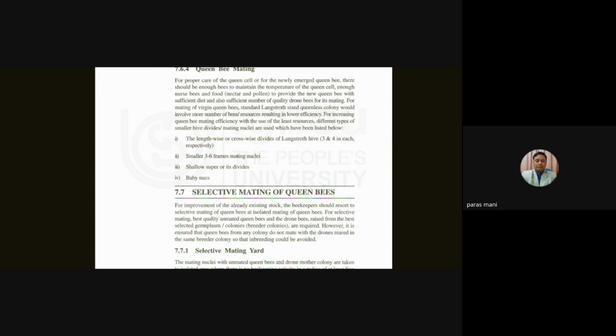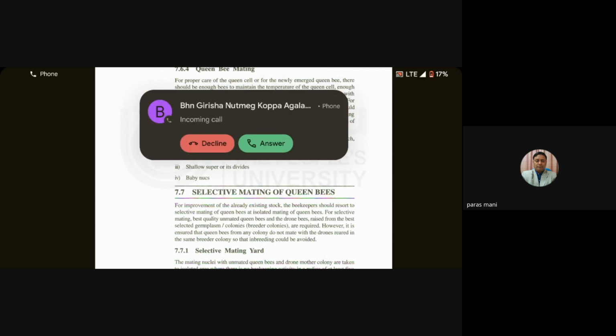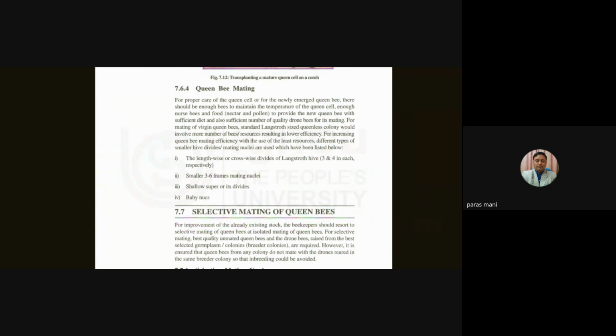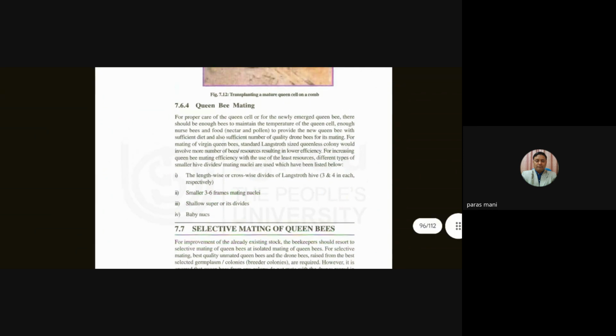If you have more bees living together, you might get undesirable results, since more drones means more mating from undesirable drones. So in such conditions, we have to have fewer undesirable drones, and a less populated colony must be made for proper mating. For that, we have to use a very small mating nucleus of, say, 3 to 6 frames.